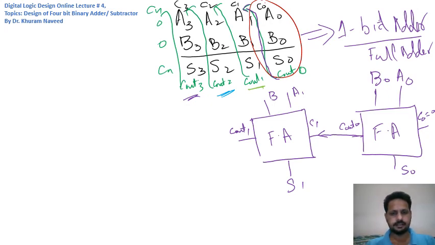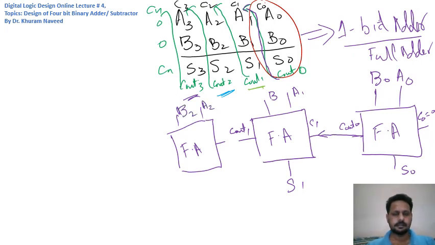Okay, and then to perform the next addition of A2 and B2, we will use another full adder, and that has the third input, that is C2 or C in 2, that is carry in the second place, and then in this case the C out 1 from the previous addition will be the input to this adder, and in this addition the output will be S2, and the carry out would be C out 2.